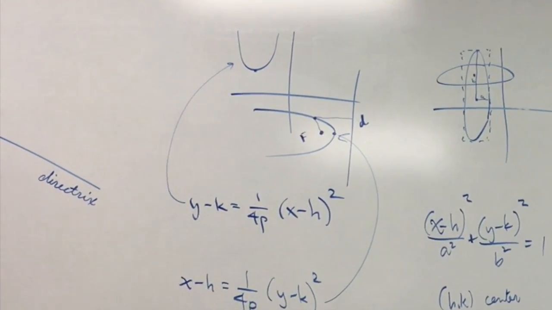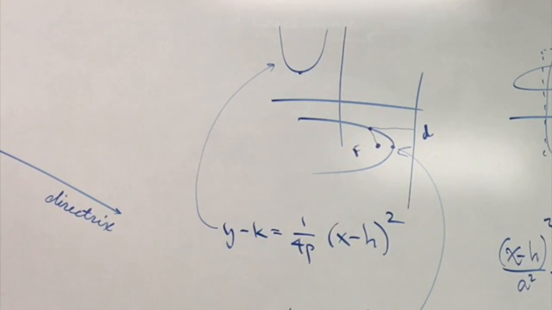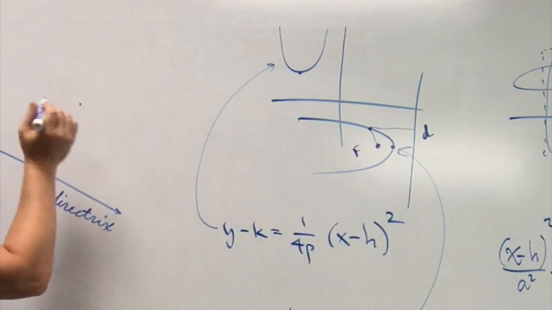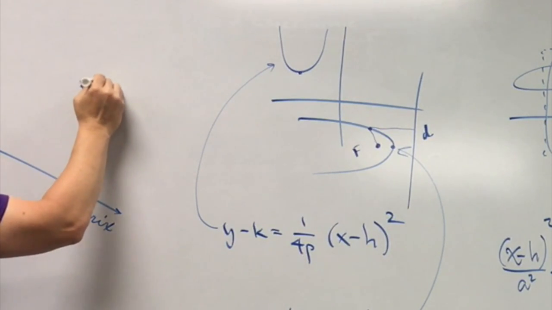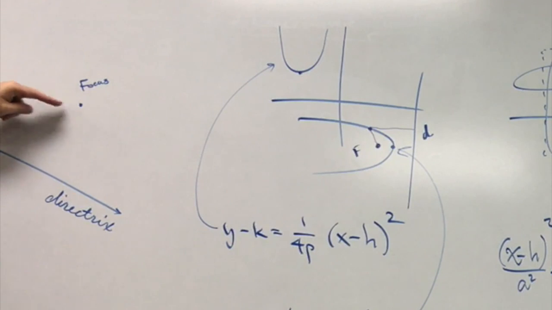Pick any point that's not on the line. So this is a line, by the way, not a line segment, so I'll put arrows on there to show that it's a line. Pick any point that's not on the line, say this one. I'll call this the focus. And we can speak of the set of all points that are equidistant, meaning the same distance, from the point and its line.